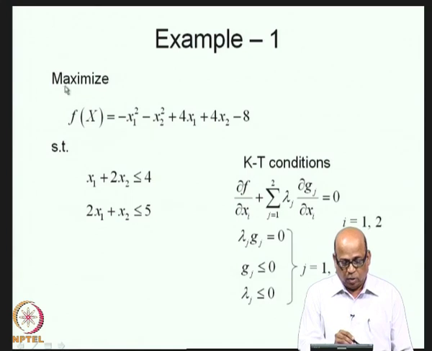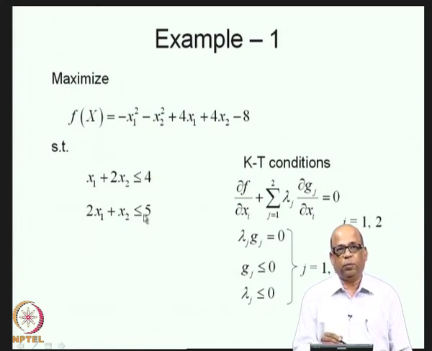Because we are talking about maximization of the function subject to g_j(x) less than or equal to 0, the Kuhn-Tucker conditions we write as df/dx_i plus the sum over j equal to 1 to n of lambda_j dg_j/dx_i, the partial derivative of the jth constraint with respect to the ith variable. This we write for i equal to 1, 2.